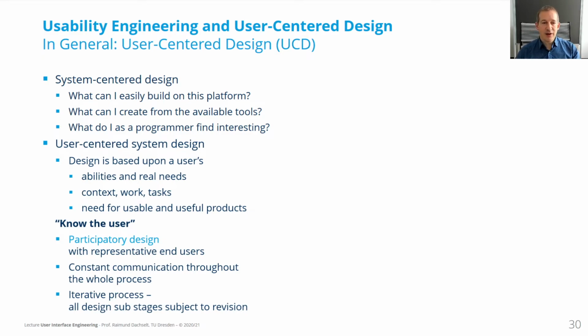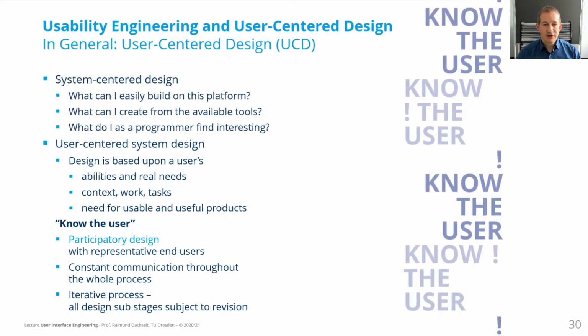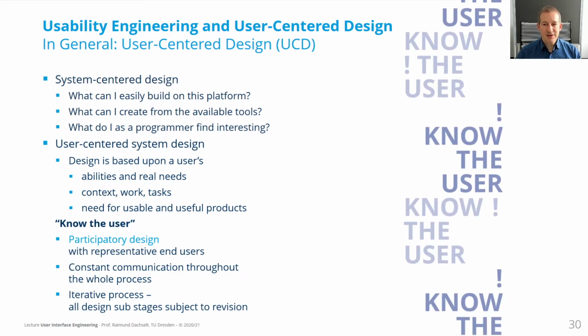User-centered design, on the other hand, is based upon a user's abilities and real needs, about context, work and tasks. So it's about knowing the user, as you have seen here, know the user. And it's about the need for usable and useful products. That's very important.